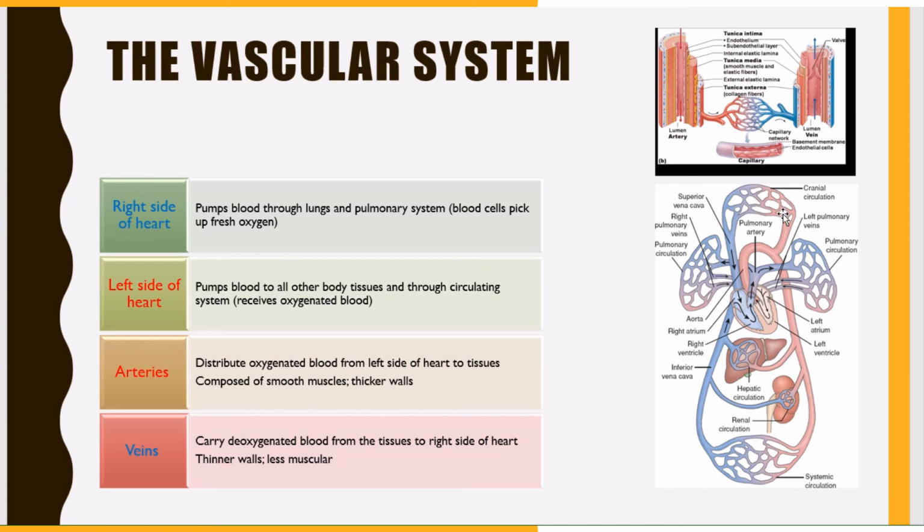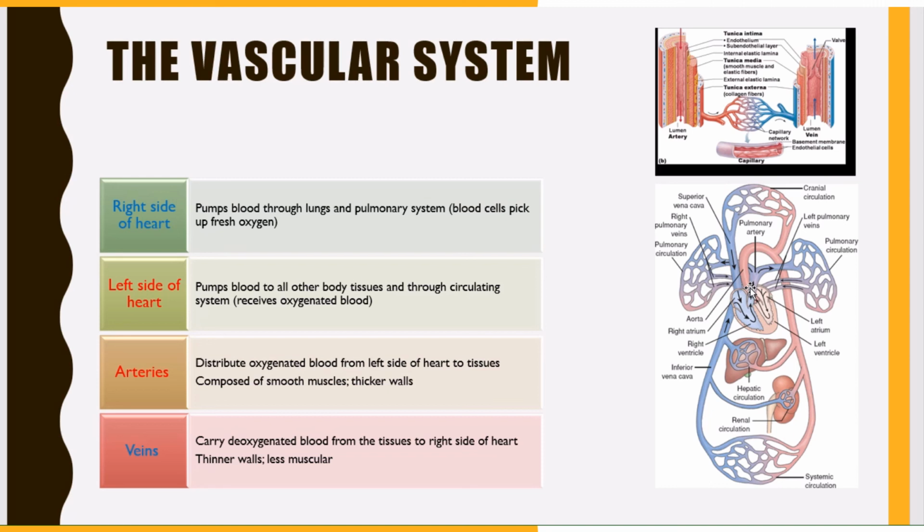So the oxygenated blood is on the left side of the heart, and that is supplied throughout the body. That is what is circulating in the body system. And the deoxygenated blood is coming to the heart and into the lungs to get oxygenated.